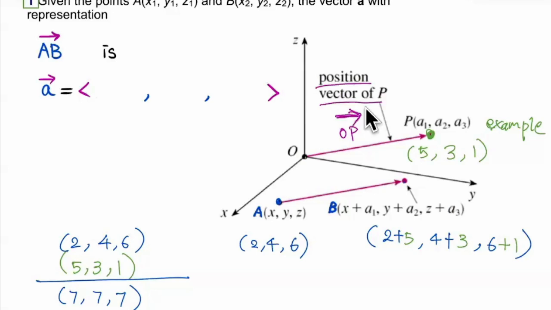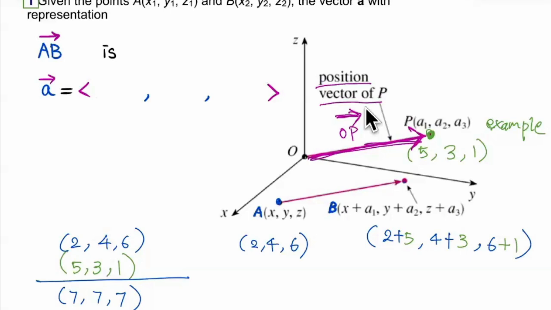It's this vector. That's the position vector. A position vector is a vector with an initial point and a terminal point. The position vector of the point P always starts from the origin and points to P. That's the position vector.